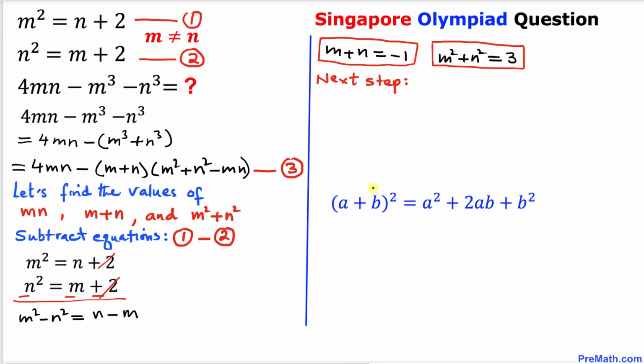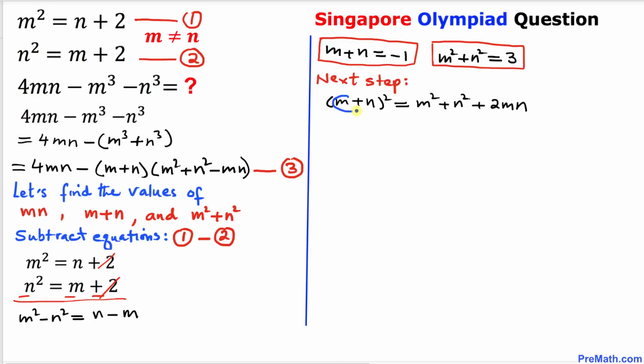And here's our next step. Let's recall the formula (a + b)², which we can write as (m + n)² = m² + n² + 2mn. Now we can see over here that the m + n value is −1, so I'm going to replace it by −1, and the m² + n² value is 3, so I'm going to replace it by 3.